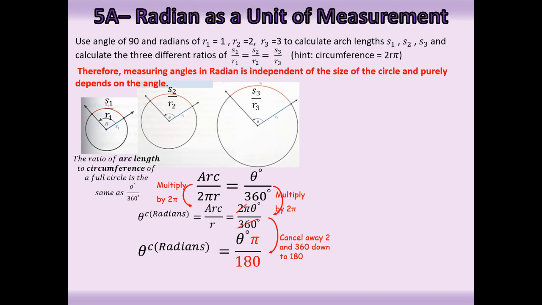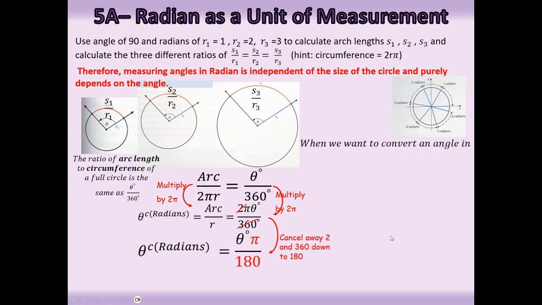So what we see here is the definition of radian: if an angle is measured in radians, it's what it was in degrees multiplied by pi and divided by 180. From now on, we are going to take this formula for granted, and if you're stuck at any point, this is going to help you out.